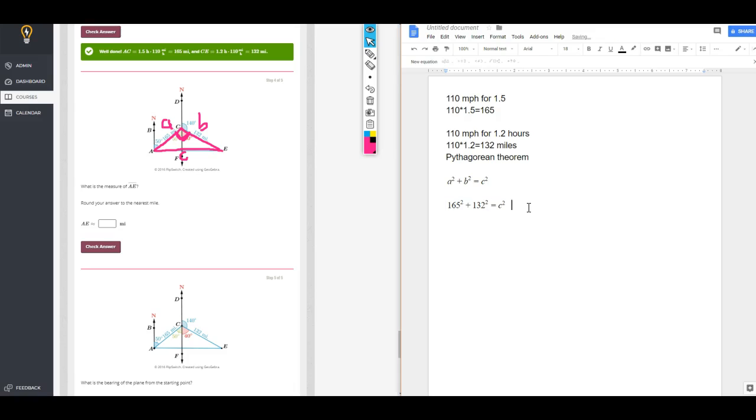So then I'm going to use square root because it is the inverse operation to a squared. So since C is being squared, I'm going to square root both sides.